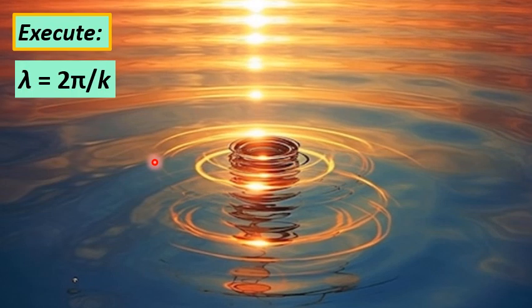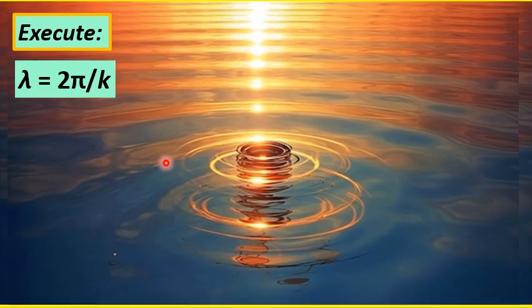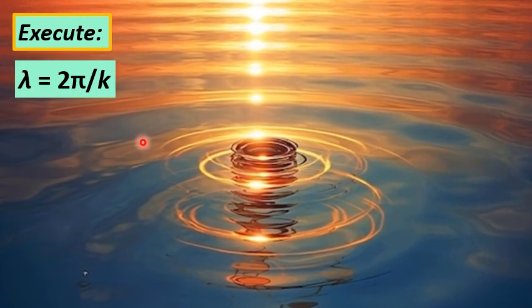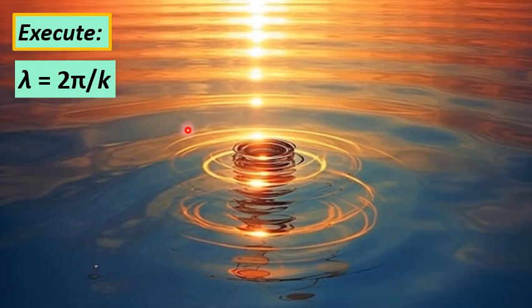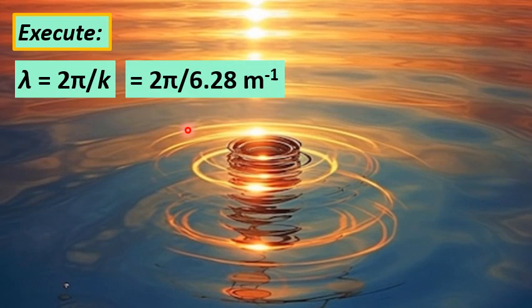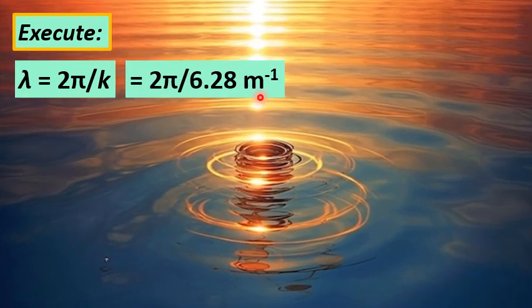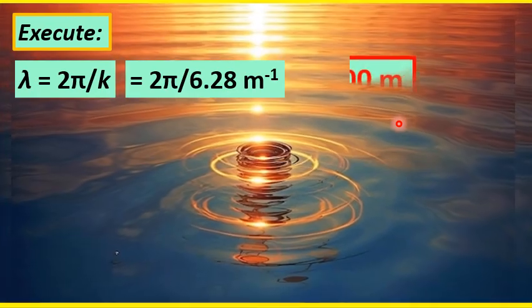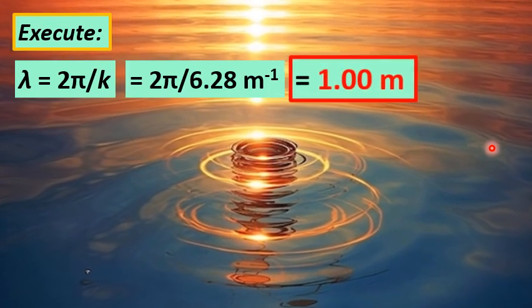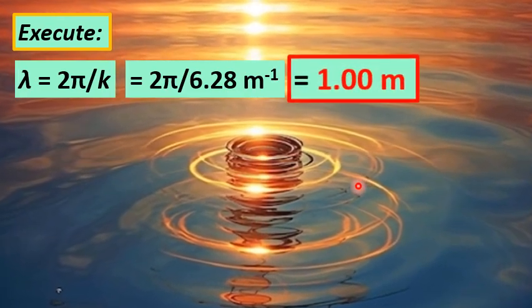Moving on with our computations, for the wavelength lambda, we divide 2 pi by k, or 2 pi divided by 6.28 per meter, to get the value of lambda equal to 1.00 meter.